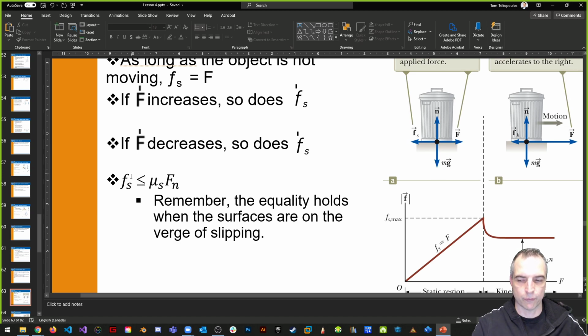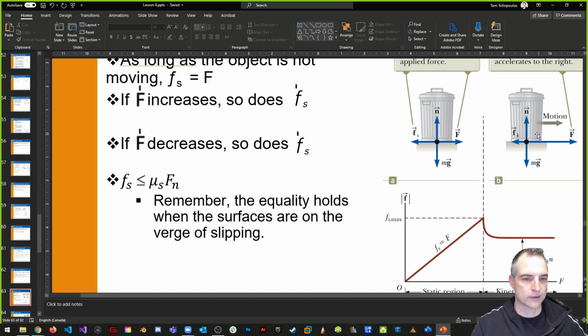So the force of static friction is going to be less than or equal to the coefficient of static friction times the normal force. So the heavier an object is, the more static friction you're going to have based on the coefficient of friction. It's directly related.